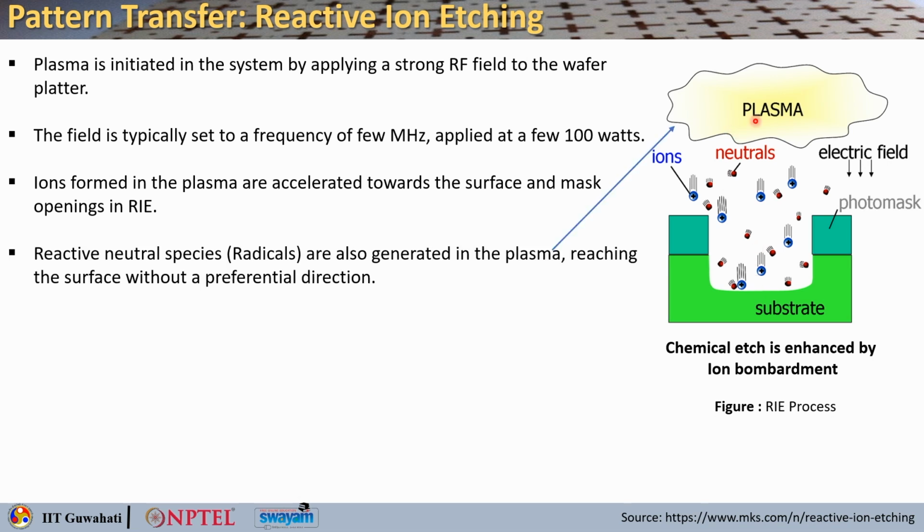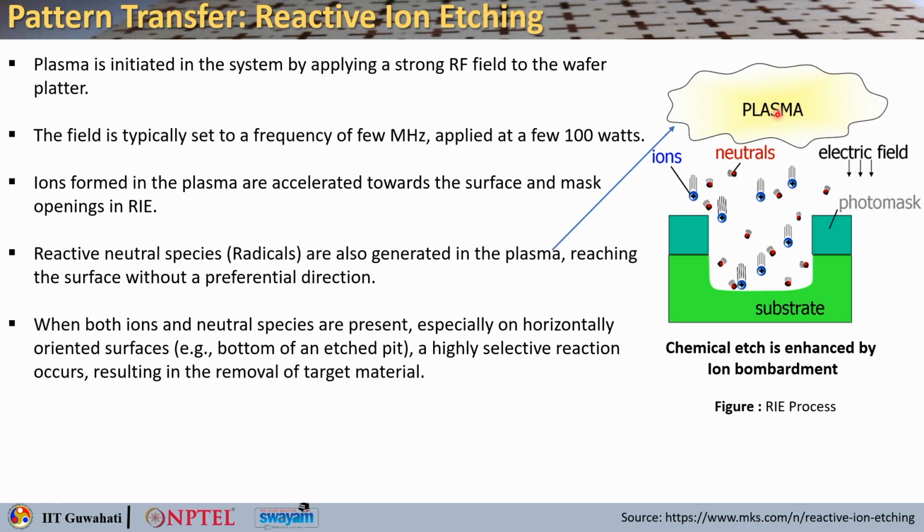The reactive neutral species, something like the radicals, are also generated in the plasma and reach the surface without any preferential reaction. So, when both ions and the neutral species are present, especially on horizontally oriented surfaces, something like the bottom of an etched pit, a highly sensitive reaction could occur that will result in the removal of the target material.